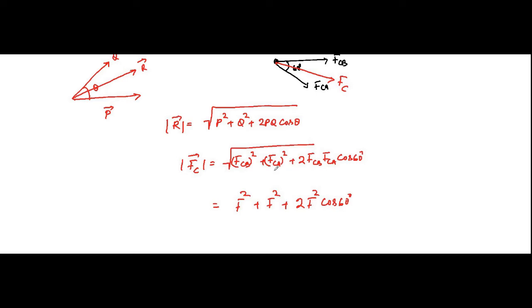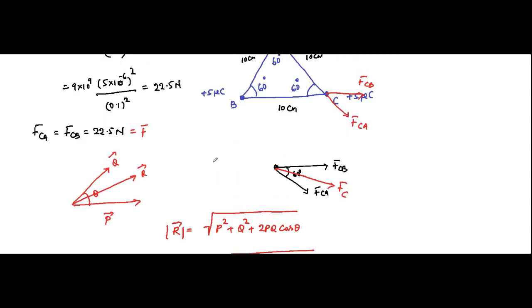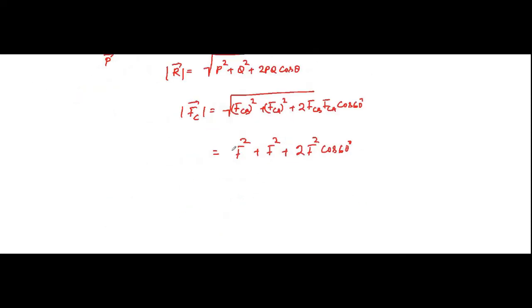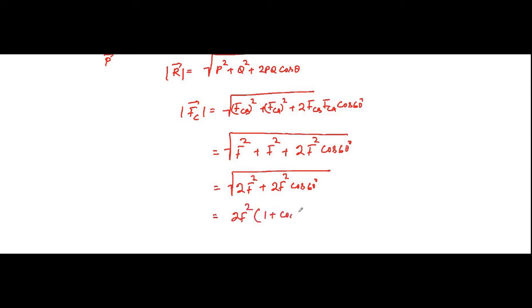So we have replaced Fcb, which is equal to Fca, as F. Here we'll put the value of 22.5 Newton later. So this is equal to root over 2F square plus 2F square cos 60 degree, which is equal to root over 2F square into 1 plus cos 60 degree.